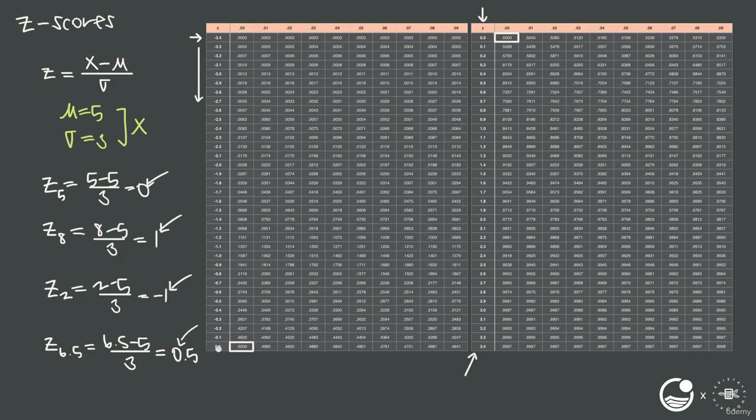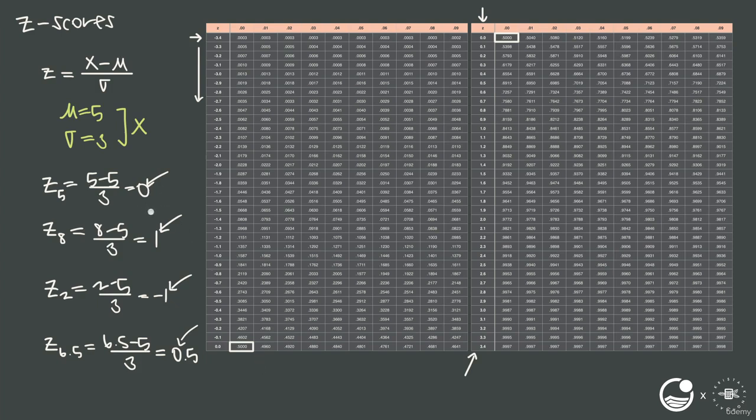So we go to 0.0, that takes us out to the first decimal place, but then we have to look across the top row of the table to get the second decimal place. For a z-score of exactly 0, we want to stay in this first column here to get a true z-score of 0.00, and so we go to the last row, this first column, and we see here 0.5. That means that 50% of the data, 50% of the area under the standard normal distribution lies to the left of z equals 0.